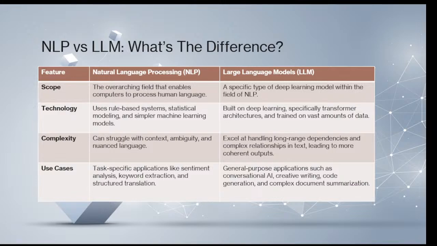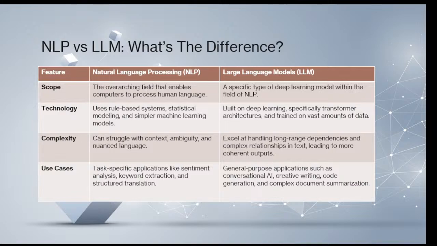So I talked earlier about natural language processing, or NLP, and these are terms that will constantly pop up in the field of AI, and what their specifics look like. So the difference between an NLP and an LLM, which is a large language model. The top part I want to really focus on is that NLP is an overarching field.